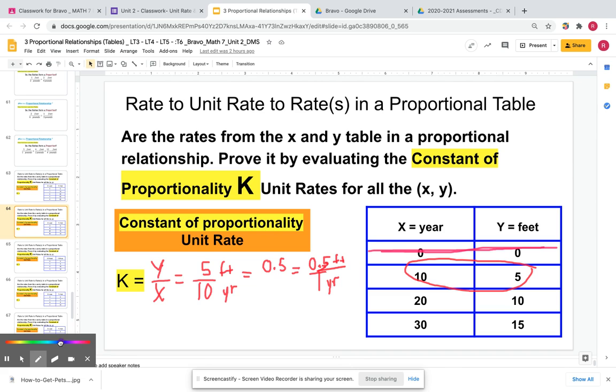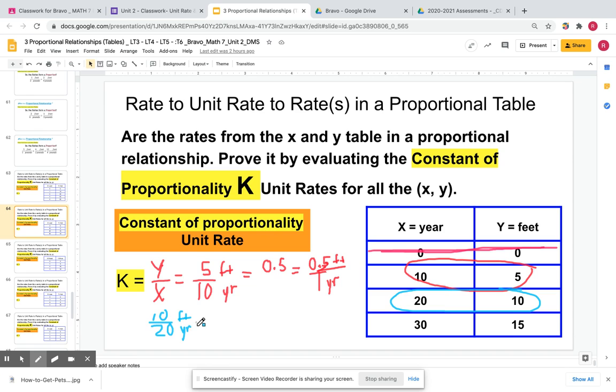The way we test it is by checking if the other points have the same constant of proportionality. So we're going to check the next pair of points. For that one, we have y as 10 and x as 20. Now we find the unit rate of this rate.